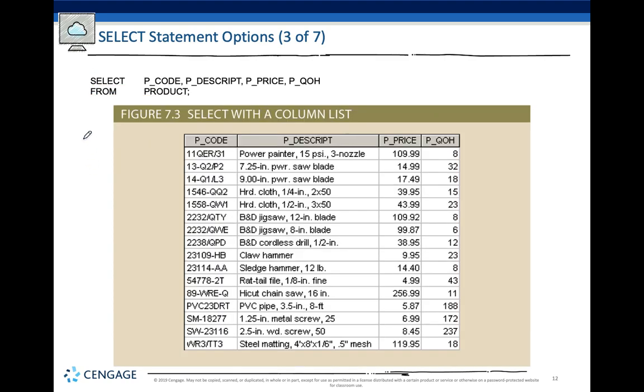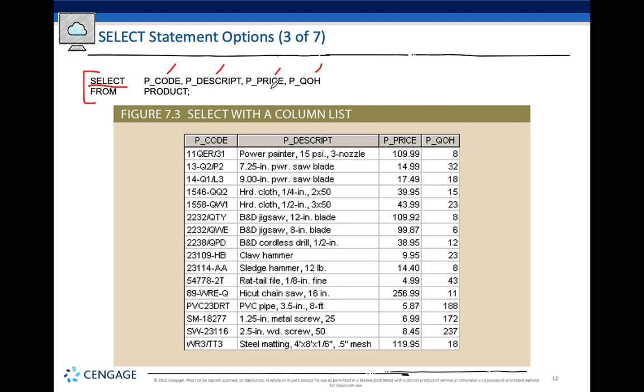Let's take a look at another query. We have here select pcode, pdescript, pprice, and QOH. QOH is quantity on hand. So in this statement, we are specifying that we want to select 4 columns, 1, 2, 3, and 4.